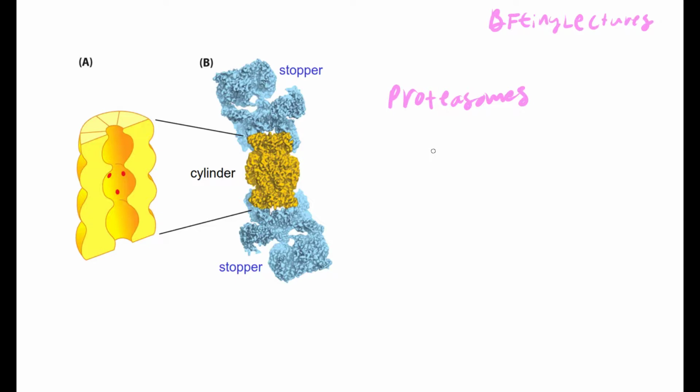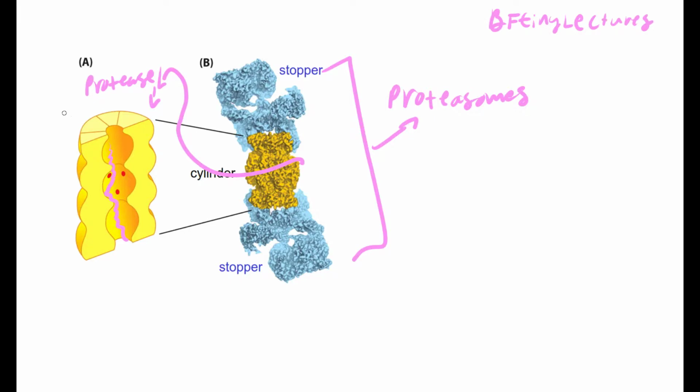Now these proteases, they form active sites and they face the inner chamber. So here we have a protease. Let's write that better. Protease. So this right here is a proteasome, and this center is a protease.